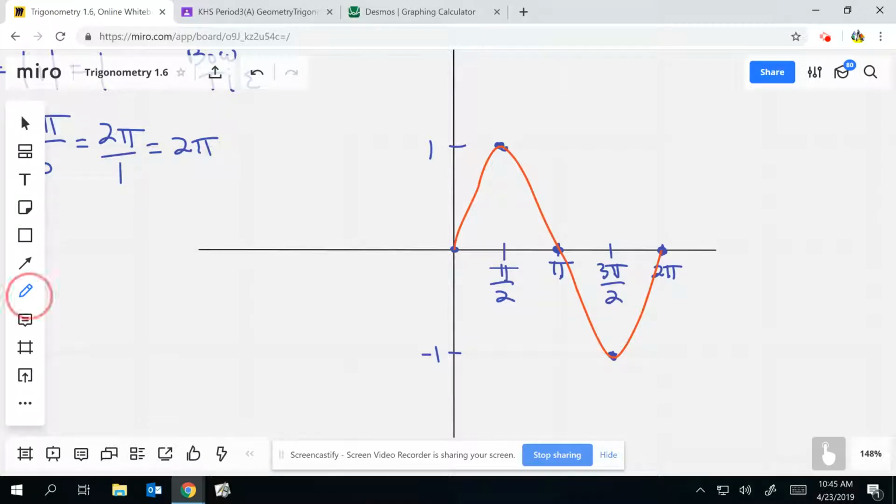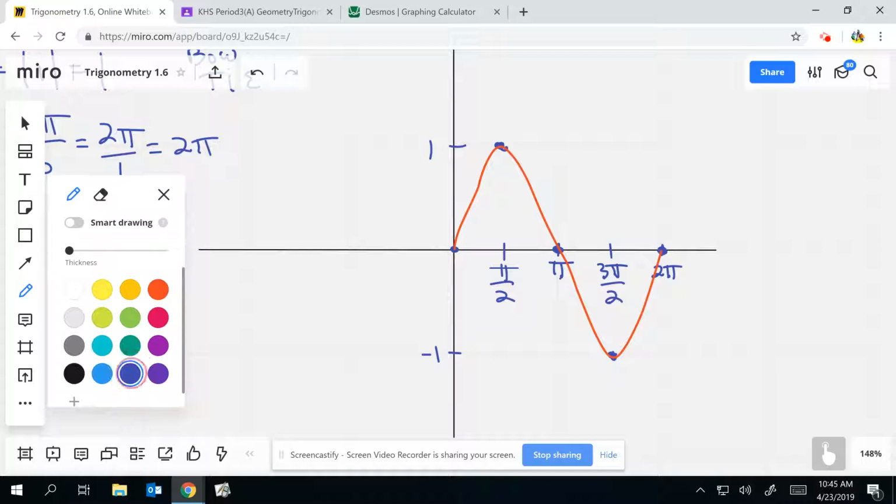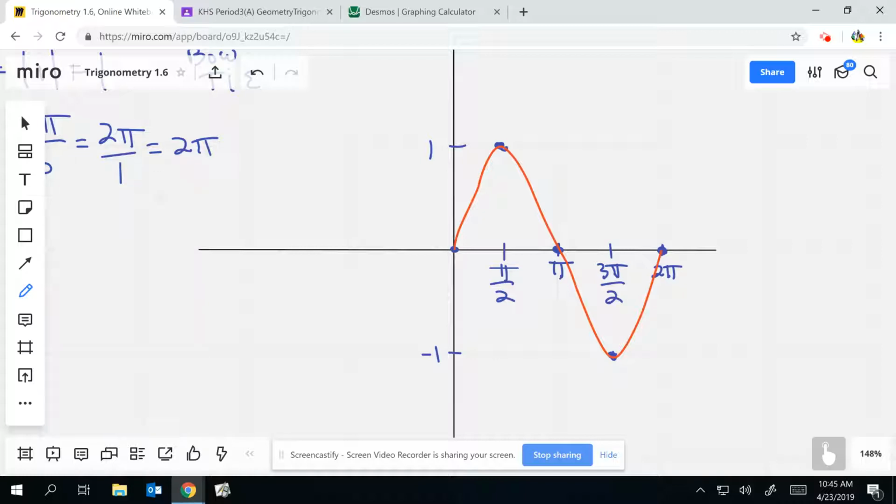Those are now dotted lines because the reciprocal function says that wherever a 0 is, when you do a reciprocal of it, that's undefined. So if sine is 0, that means cosecant is undefined. It means you can't have the 0, you can't have a pi, and you can't have a 2 pi, because those would all be undefined areas. Wherever there's a 0 for sine, that's an undefined cosecant.